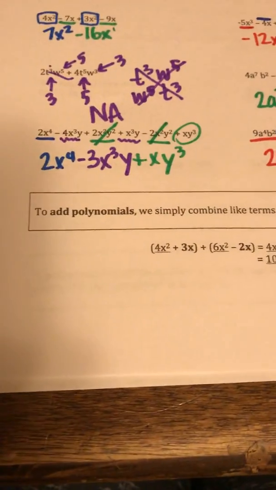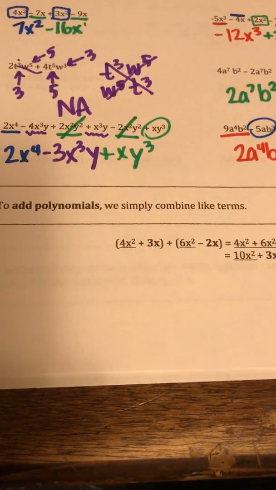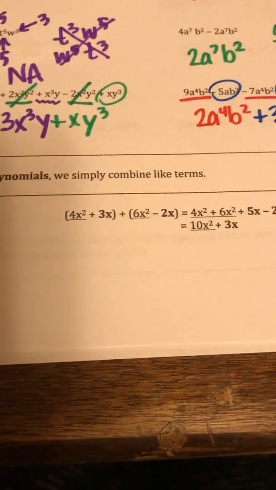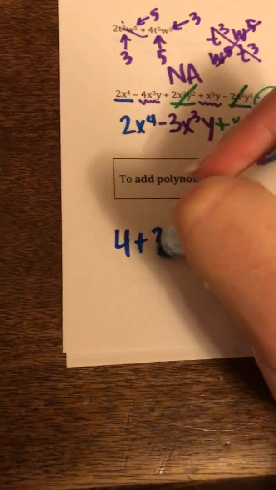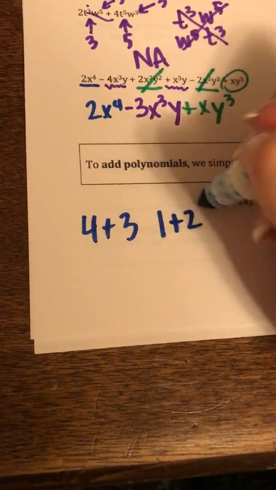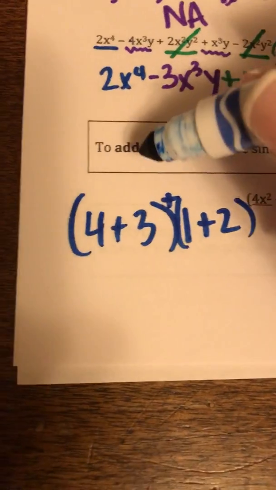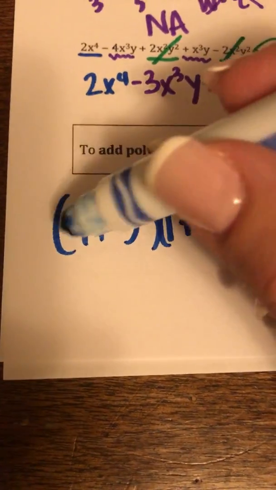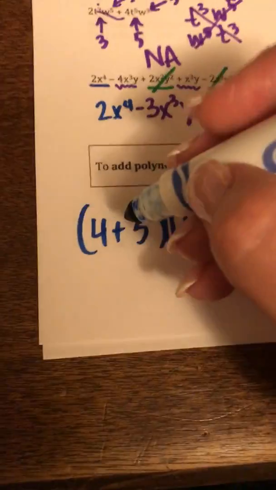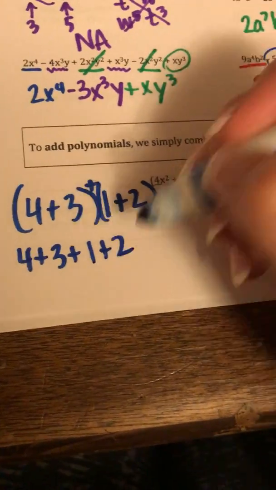Sometimes we're going to be adding polynomials together, okay? So when we're adding polynomials, basically we're combining the like terms, all right? Now, you remember that there's a property of addition and multiplication that says it doesn't matter how I add these together. So I have 4 plus 3 plus 1 plus 2.